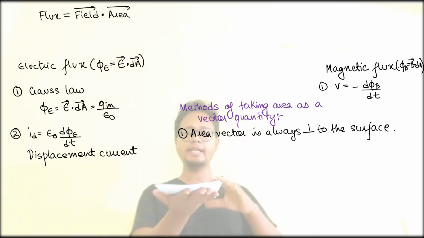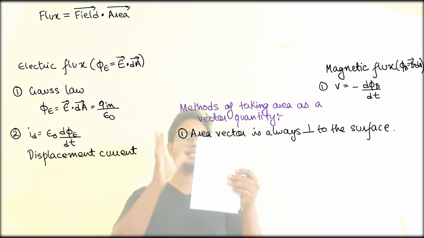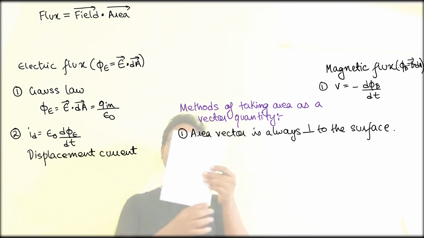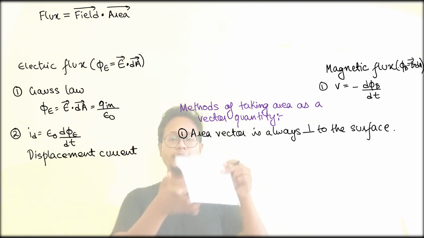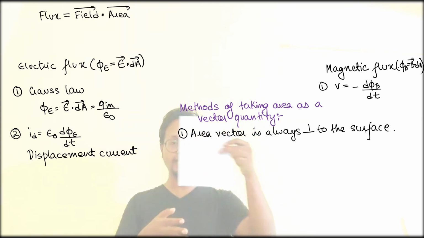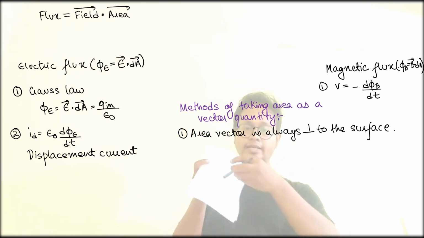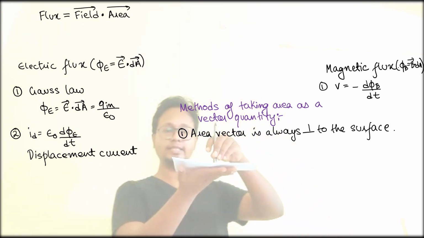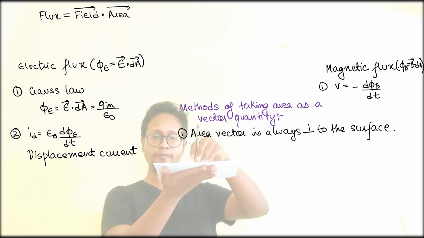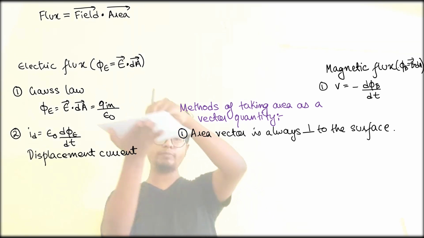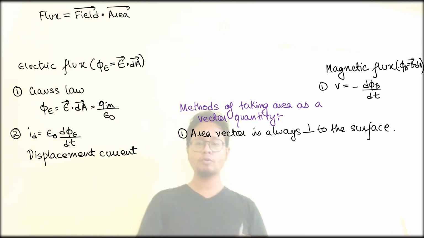The area of this paper is somewhat, say, more than 50 square centimeter. Now if I want to take this 50 square centimeter area as a vector quantity, what I must do? The area vector should always be pointing in this direction, perpendicular to the plane of the paper. Understood? So area vector is always perpendicular to the plane of the paper. Now one more question might come on.